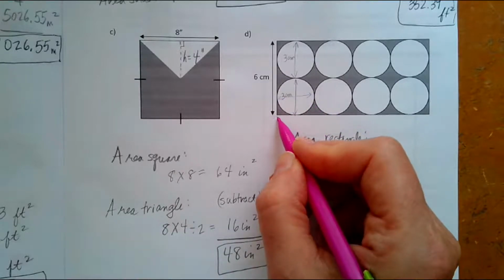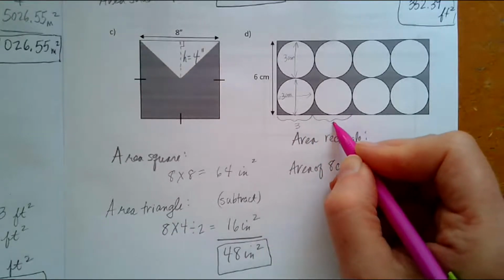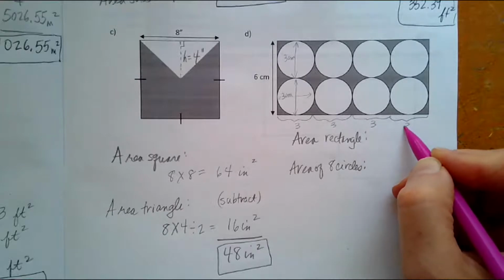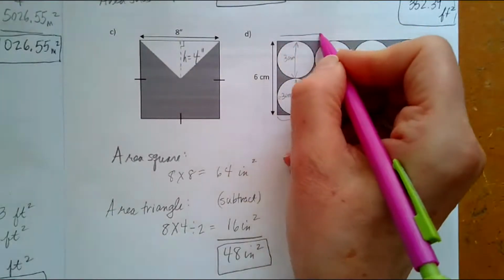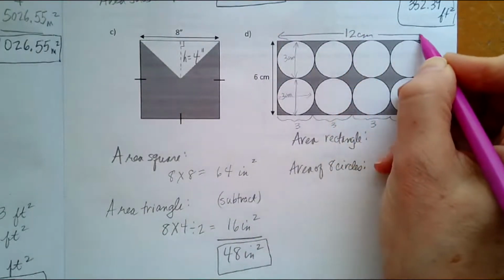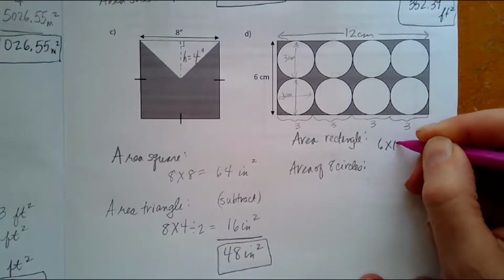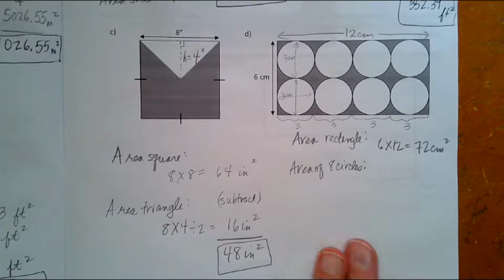So from here to here is 3, and another 3, and another 3, and another 3: 3, 6, 9, 12. So this whole distance must be 12 centimeters. So the area of the rectangle is 6 by 12, which is 72 centimeters squared.